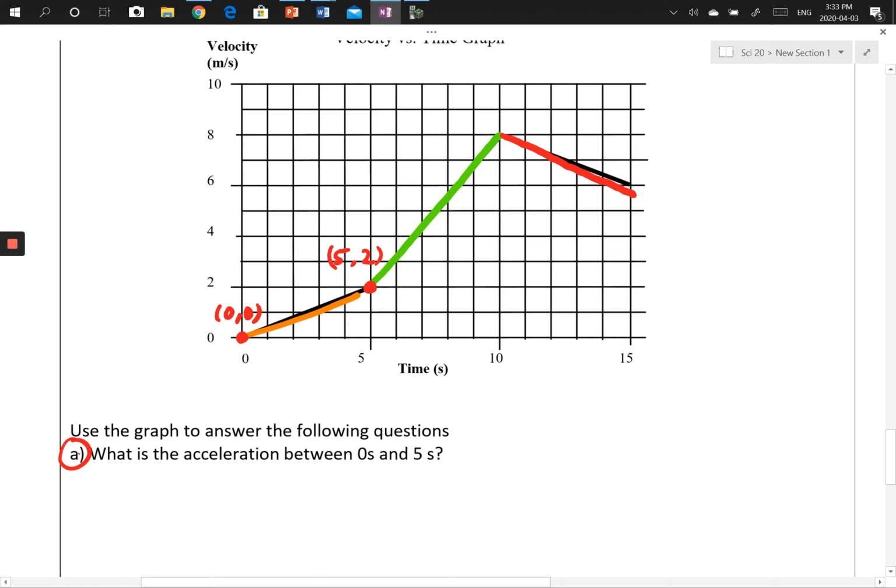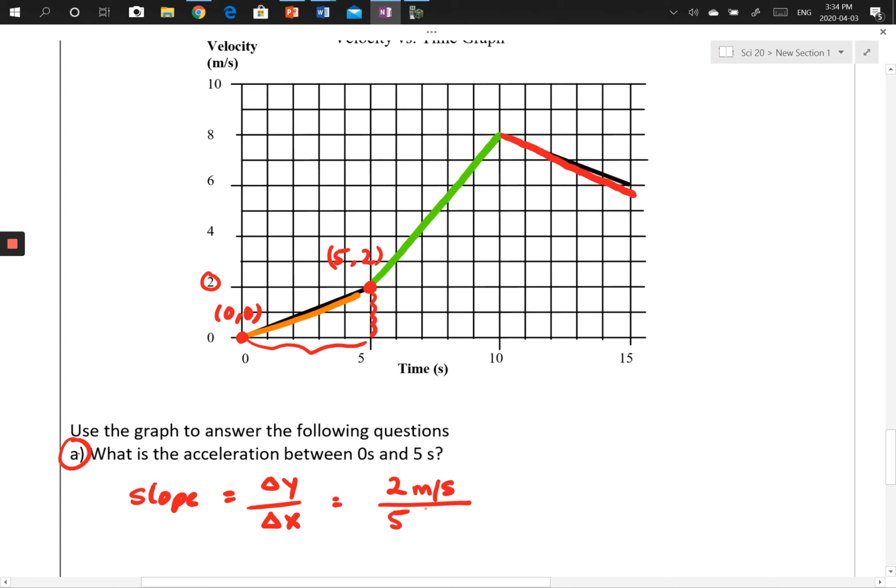So 5 and 2. To find my slope, delta y over delta x, my change in my y value would be this distance right here, going from 0 up to 2. So that's 2 meters per second. And then here I'm going to take my x2, which is 5, subtract my x1, which is 0, and I'm going to get 5.